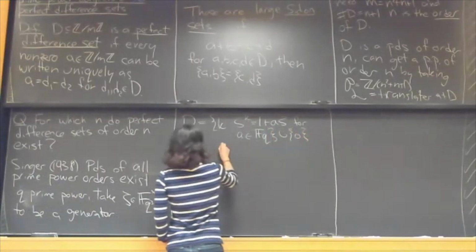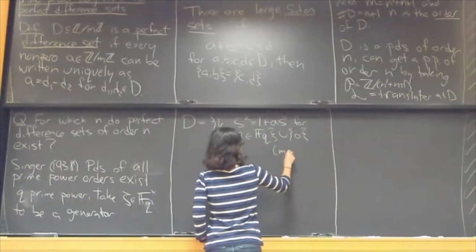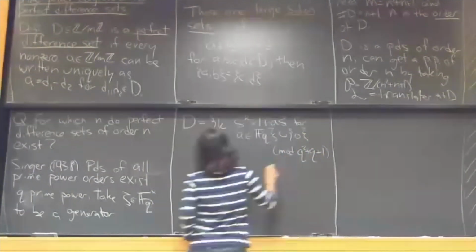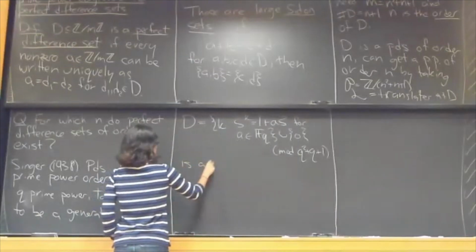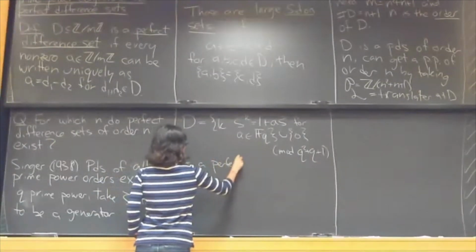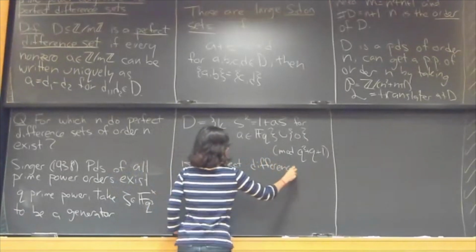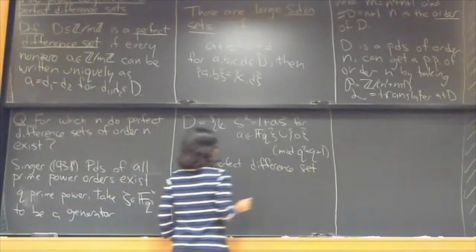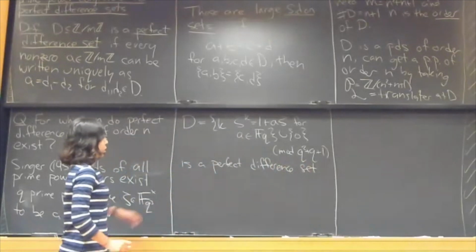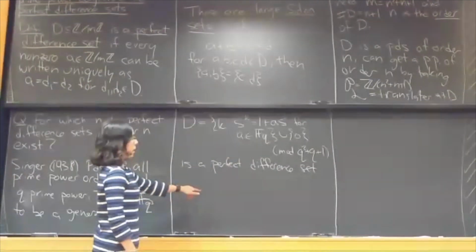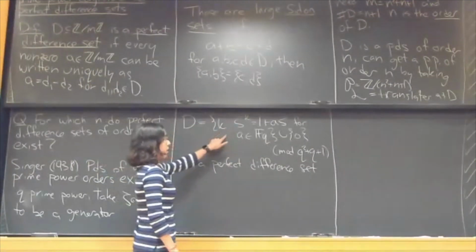Then reduced mod q squared plus q plus 1, it is a perfect difference set. And the perfect difference set property of this set just follows from the fact that zeta has to be a root of an irreducible cubic.